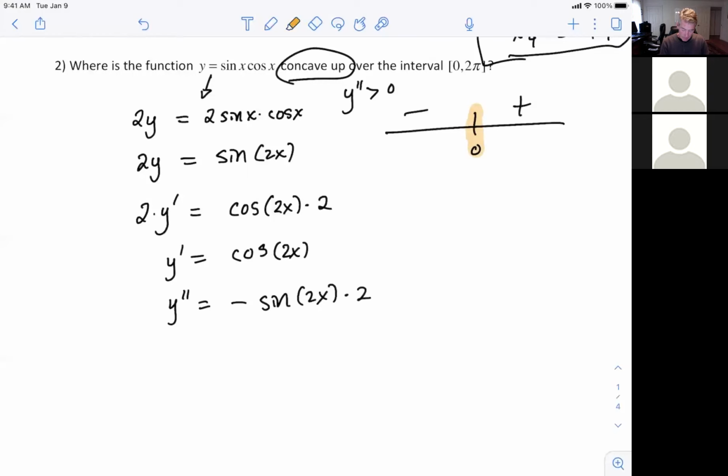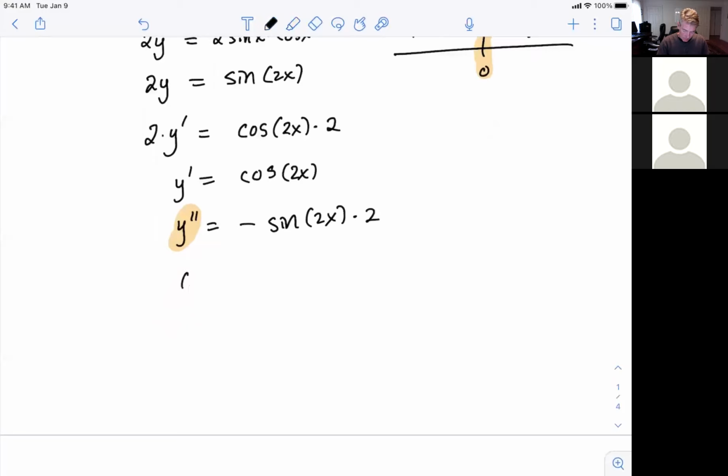So if you set it equal to 0, that's going to be where it's separating between where it's concave up and concave down. Or in other words, that's where we find the inflection points. So I'm just going to put the 2 in front. So you could then divide both sides by -2, and that's going to leave 0 equals sine of 2x.